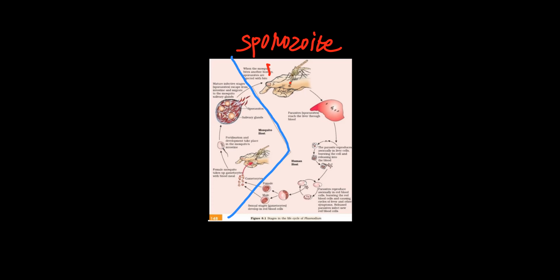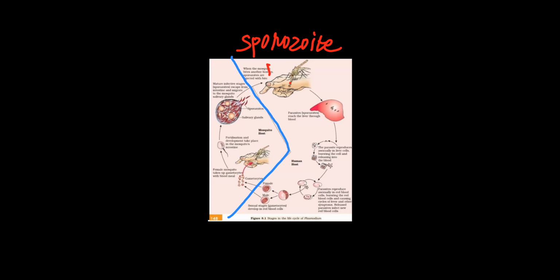A female Anopheles carrying the sporozoite stage of the Plasmodium life cycle in her salivary glands is biting the human to suck the blood. In the process, first of all, she penetrates the skin through her mouth parts. Second step, she releases the saliva so that the blood flow is maintained, and then starts sucking the blood.